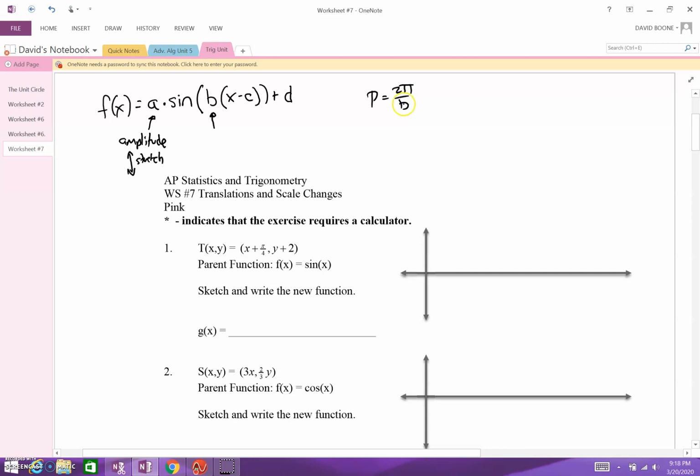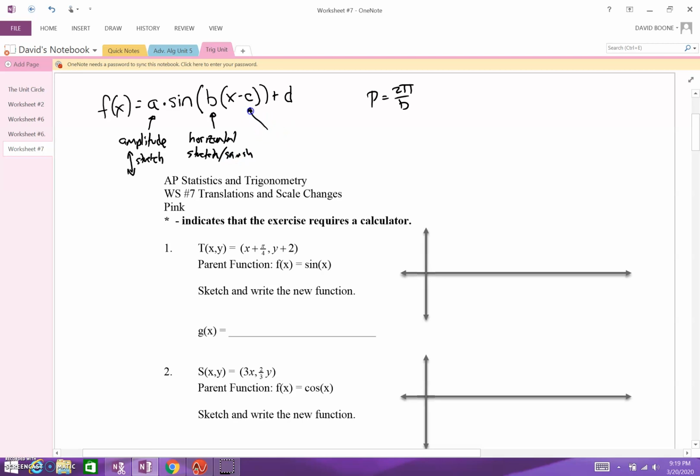So it's that b value that we're looking for here, though it does talk about how it is horizontally stretched or squished. So it's a stretch or squish.